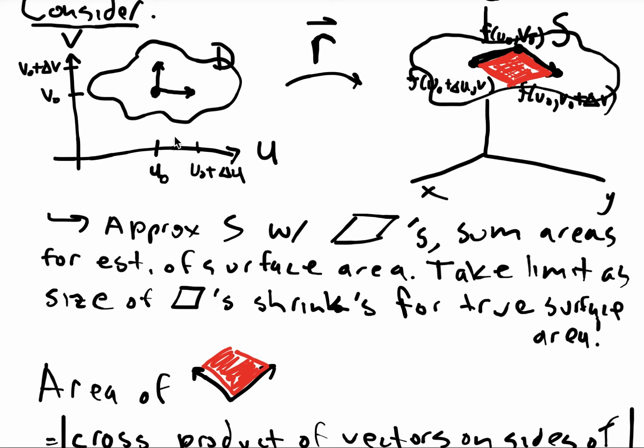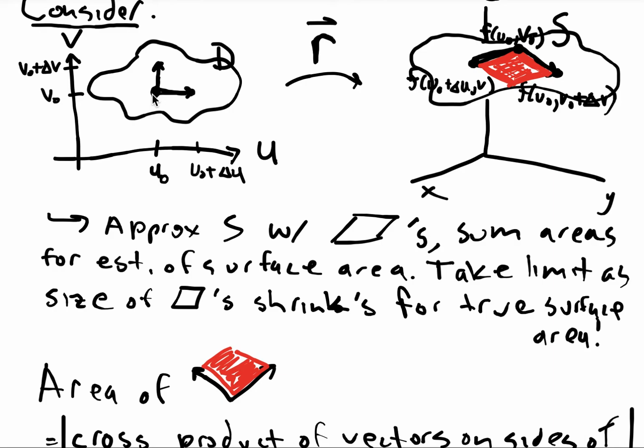Now, what you can do is think about the fact that if I have a pair of vectors over here in my UV plane, maybe that determines a square or a rectangle or another parallelogram. If I think about it determining a rectangle here, I could think about each of these two vectors as having endpoints that I can track where those vectors go on my surface.